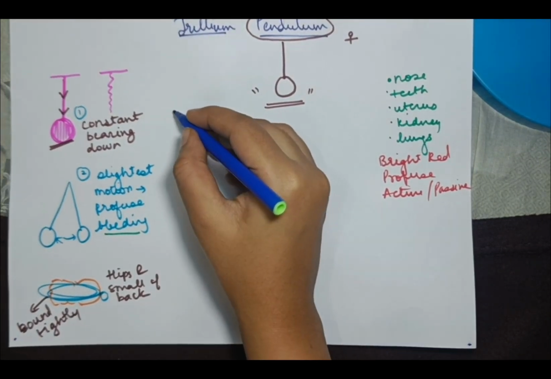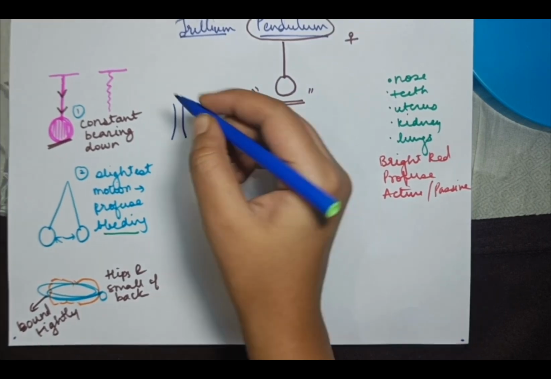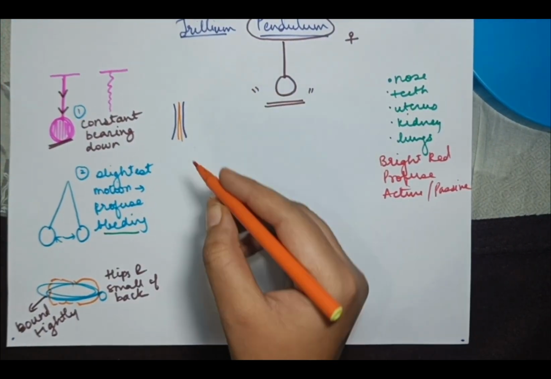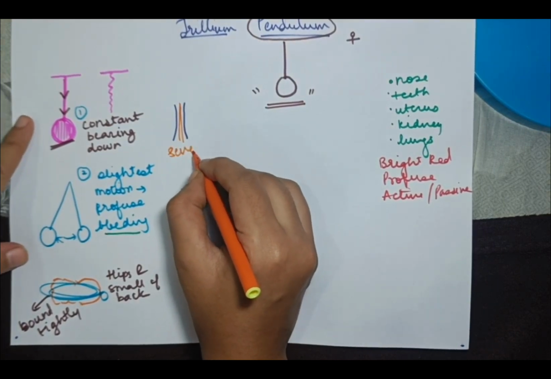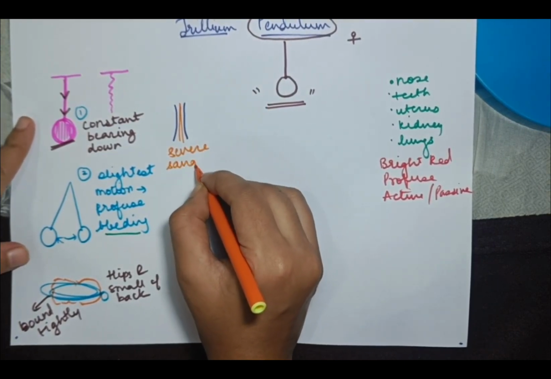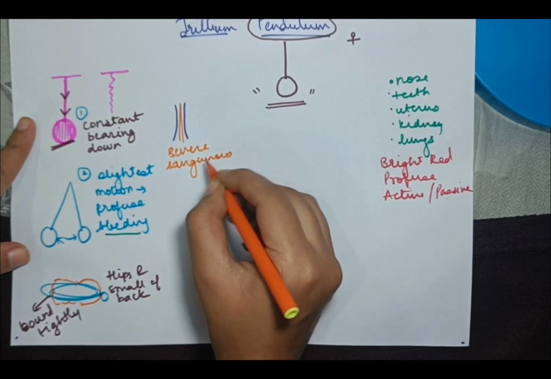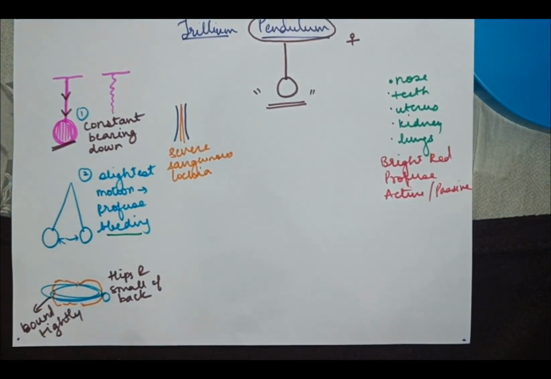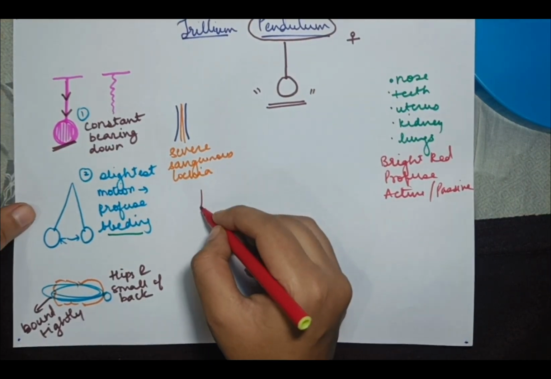Another thing that comes in here is the lochia. Offshoot, suddenly there is going to be severe sanguineous lochia. All right. Now let's move on ahead with the hemorrhagic symptoms.